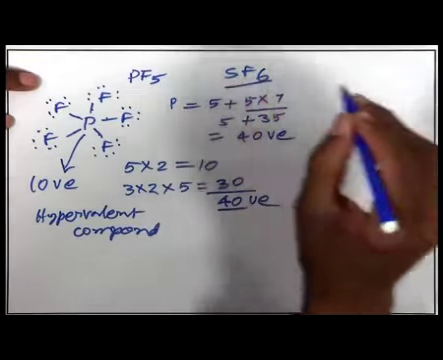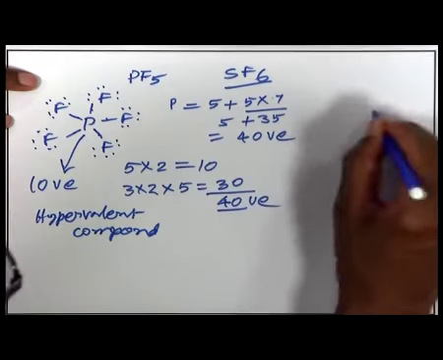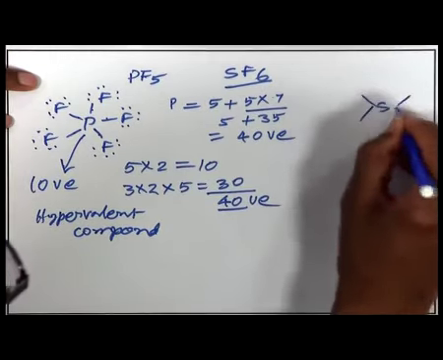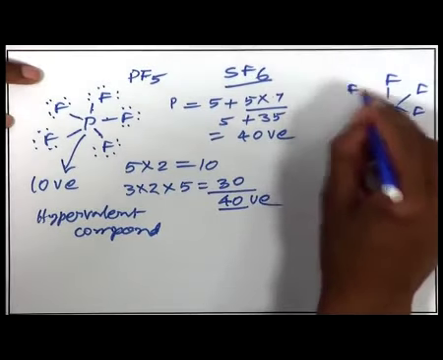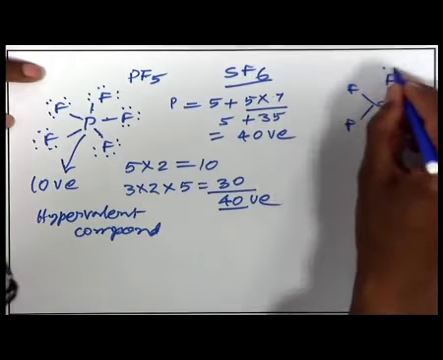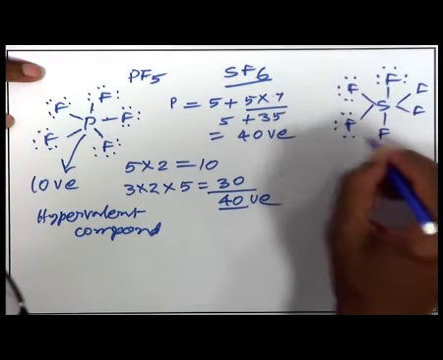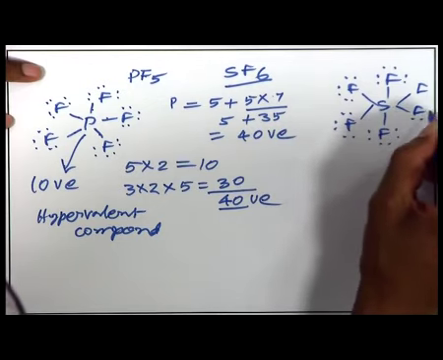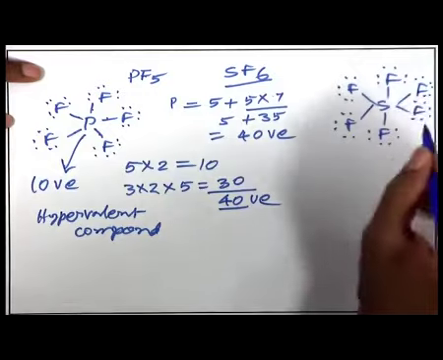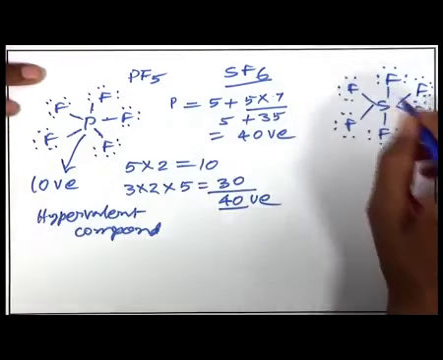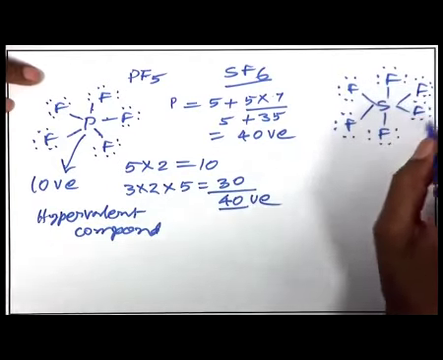Another example is this one, SF6. There also you can write a similar structure. Now, if you look at the number of valence electrons shared by sulfur with the neighboring fluorine atoms, it is 12.